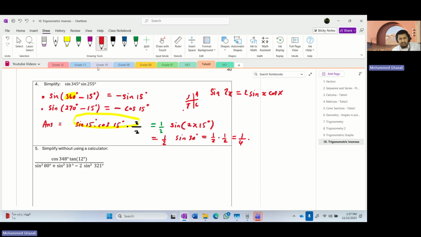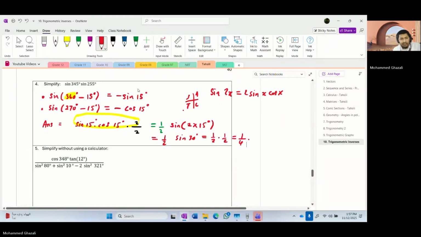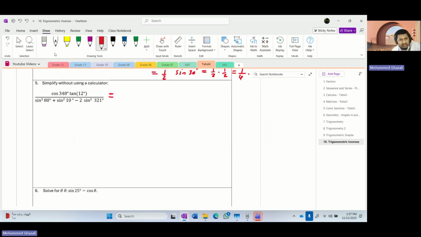Moving on to the next question. Cos 348 is the same thing as writing negative cos 12. Positive cos 12, because that's in the fourth quadrant. Tan 12 is sine 12 over cos 12.